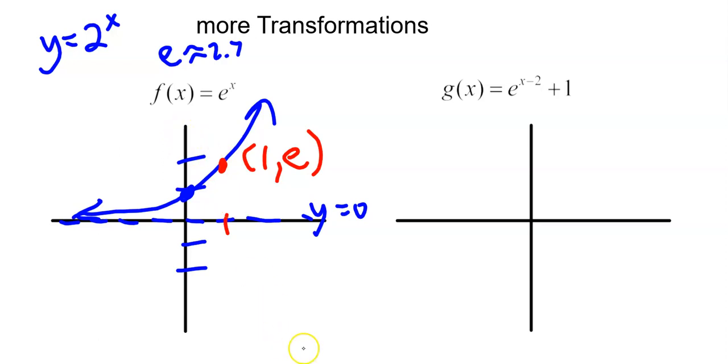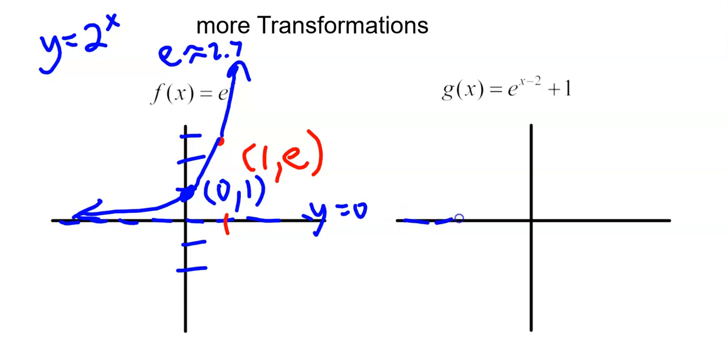If I'm trying to graph this accurately, e is 2.7, so it would be 1 comma 2.7, somewhere up there. And so then we could draw the graph and connect it. It goes up a little faster than I thought there. But that's your basic parent graph. And again, the main point we're showing here is 0, 1, which is true for most exponential functions.